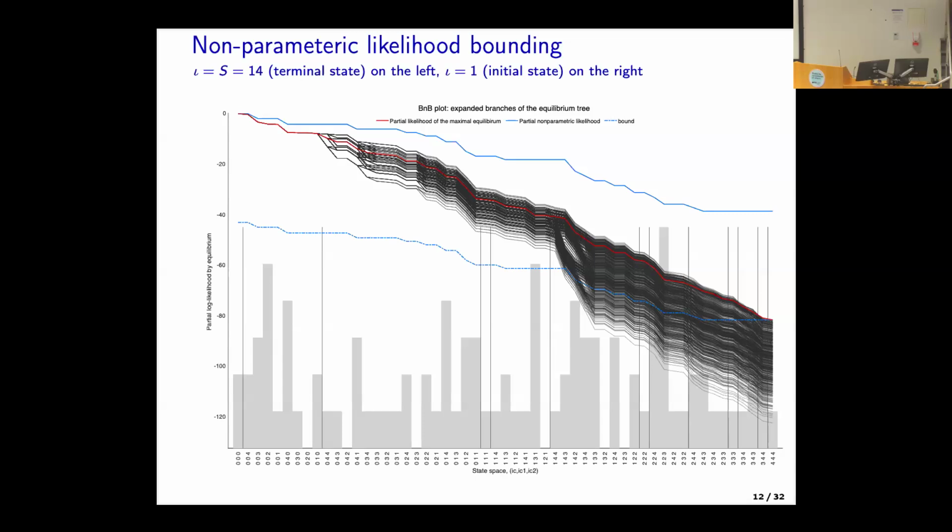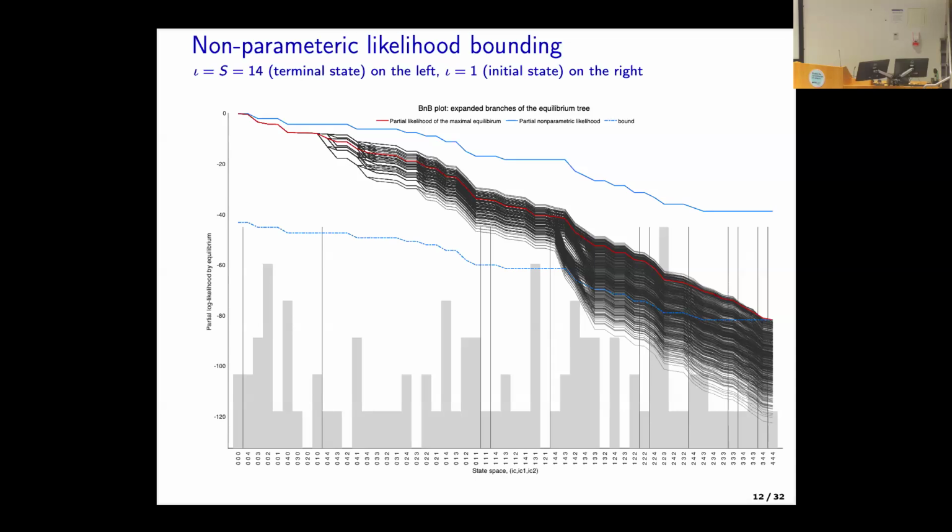And as I go and solve the model on different points of the state space, each of these black lines corresponds to the partial likelihood of the equilibria which are solved on this part of the space. There are many lines because there are many equilibria, and because of this tree structure of equilibria, these lines are also branching a little bit.